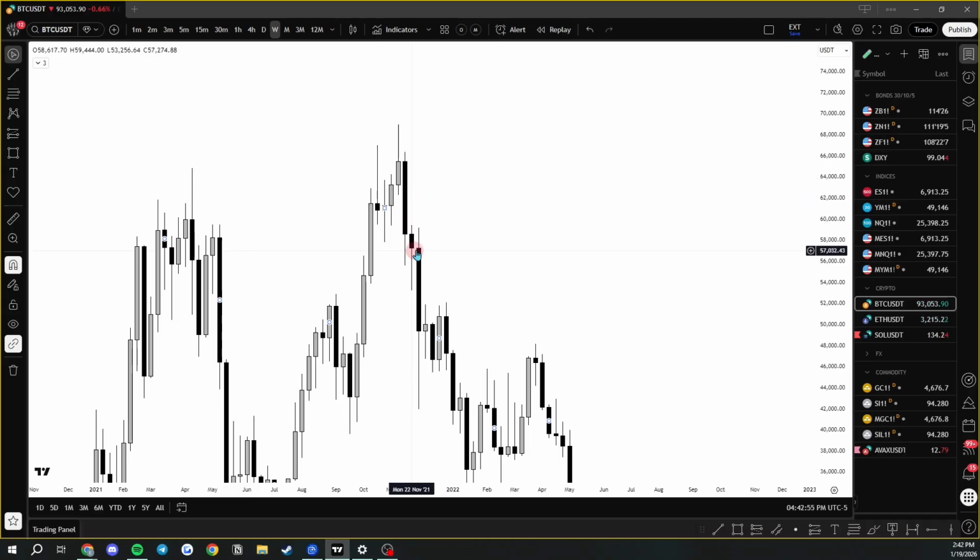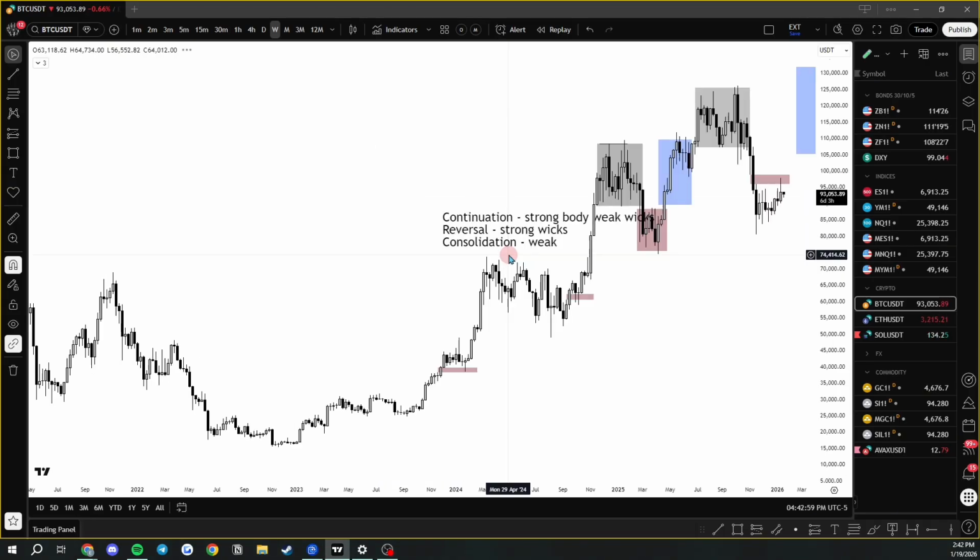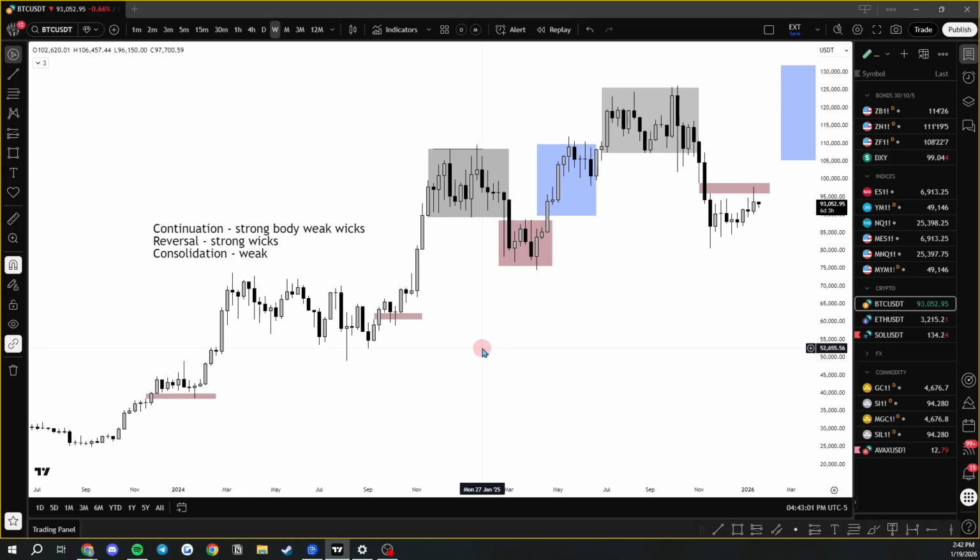Usually continuation candles, the candles you guys want to be capturing, right? And like we said earlier, we're thinking about this like we're hunting. If you trade a consolidation candle, that's the equivalent of killing a squirrel and getting a string of meat, versus killing a moose and having food for a long time, right?